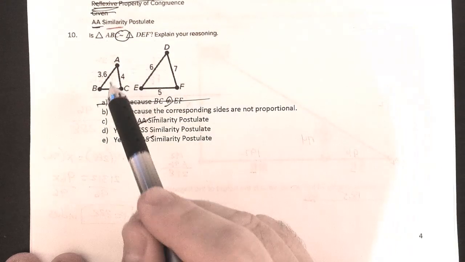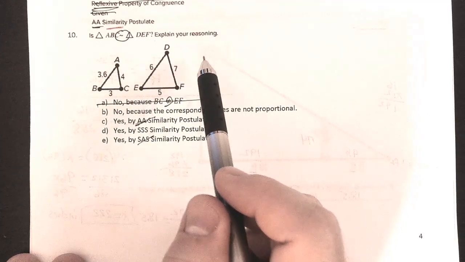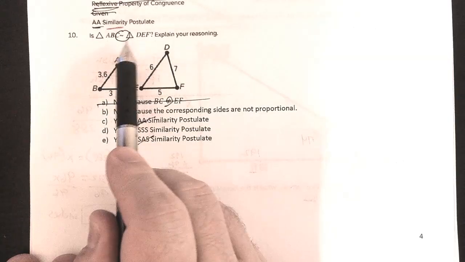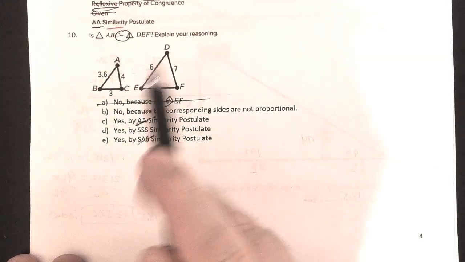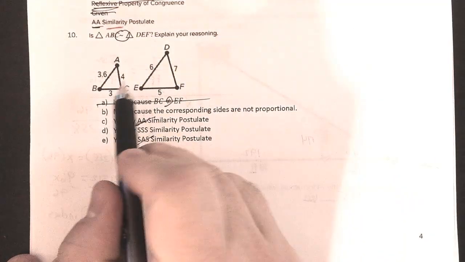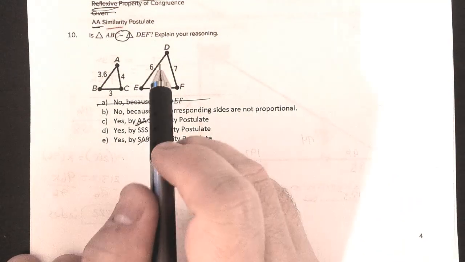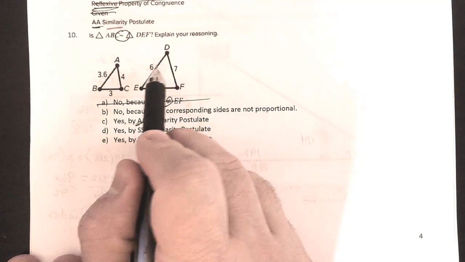We're going to see if all 3 sides are in the same proportion. So A goes to D, B goes to E, C goes to F. So AB, first 2 letters, DE. And it doesn't matter which way, as long as if this triangle gives you the top, it has to be the top all the way around.